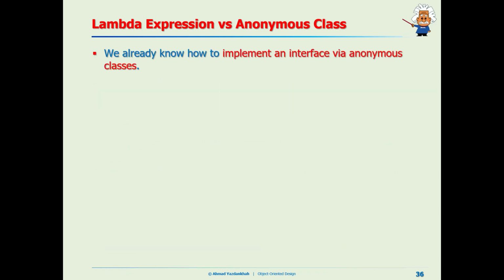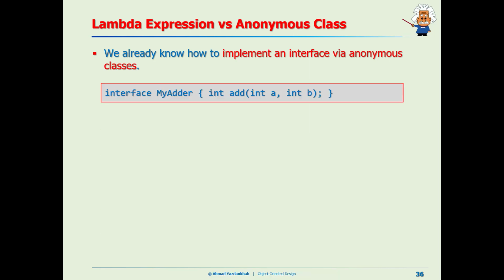With anonymous classes, we learned how to implement an interface, and also how we can extend an abstract class, right? And a lambda expression, we saw that it's a piece of code, but the type will be an interface.